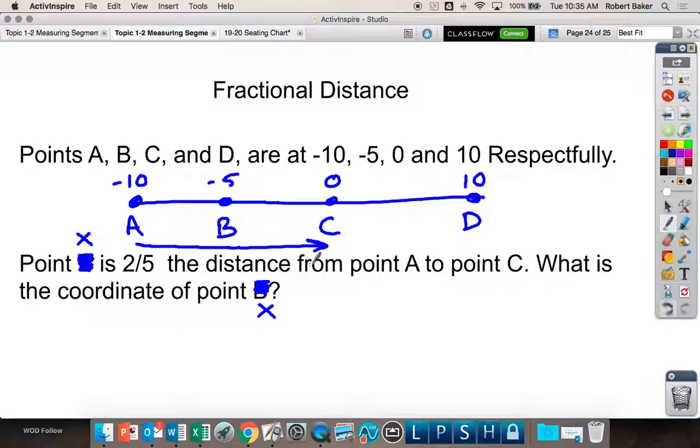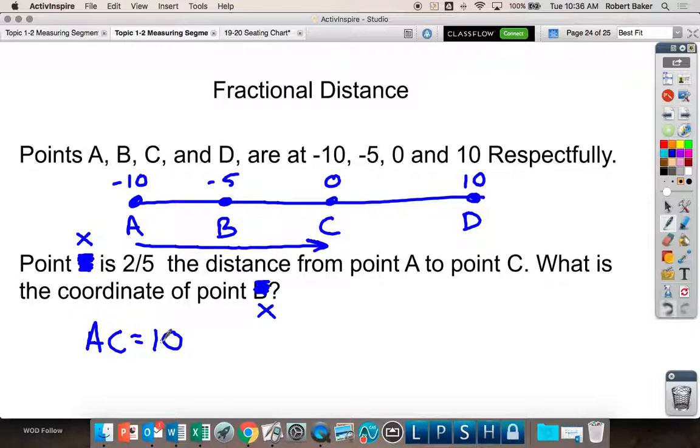Alright? So we have to figure out what is the distance from A to C? 10. Does that help? Yes. 10. Now, point X is 2/5 the distance from A to C. So what is the process I should probably take to figure out where X is?